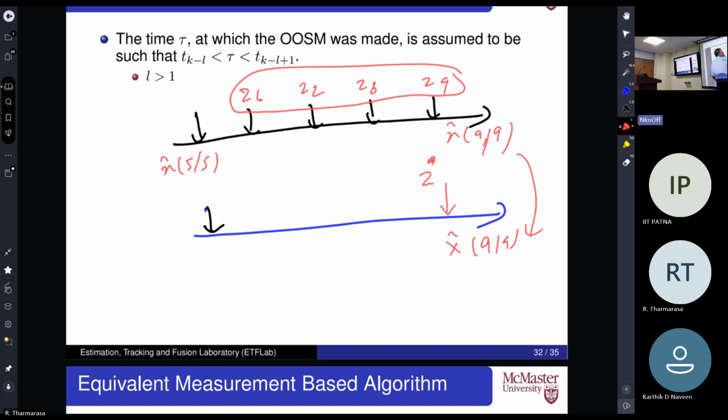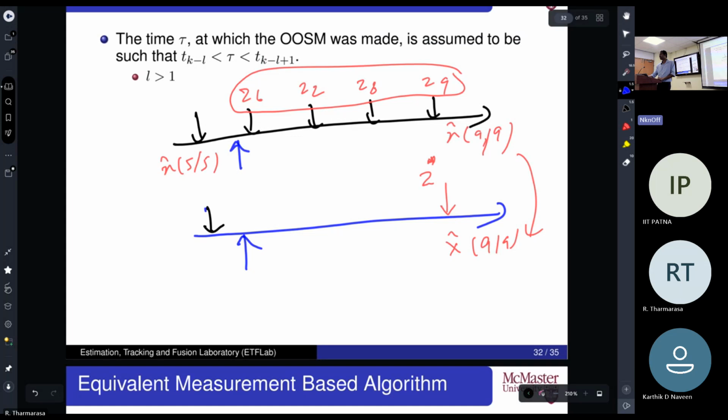How to combine this, we will talk about that. For now, assume that if we have 4 measurements, instead of those 4 measurements, you have one measurement, and the output is the same. So we convert this problem into this. Okay? So now we said that our out-of-sequence measurement comes somewhere here.